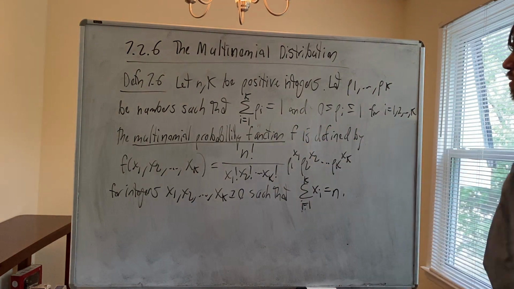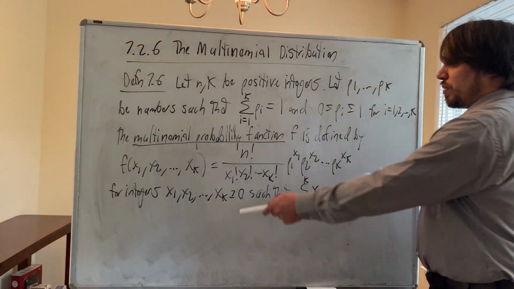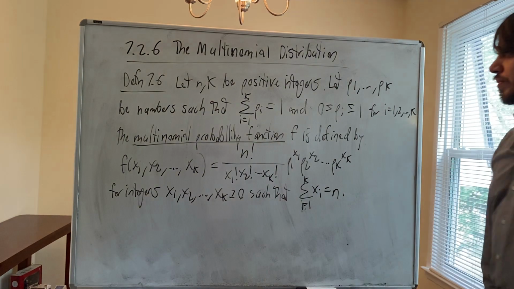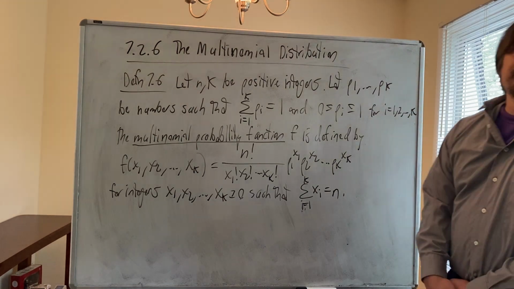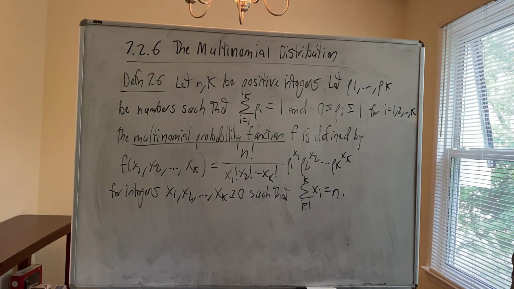The multinomial probability function f is defined in this way, for integers x1 to xk being non-negative, such that their sum is n. Okay, so here we have another probability function. It meets all the conditions of a probability function that we defined earlier in the class.